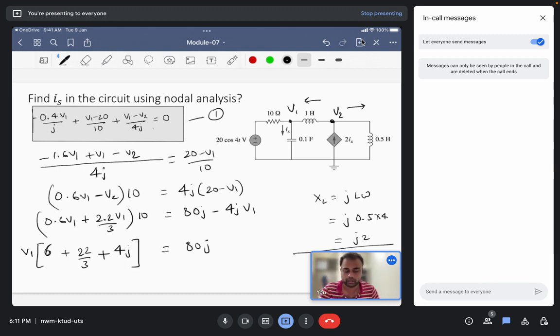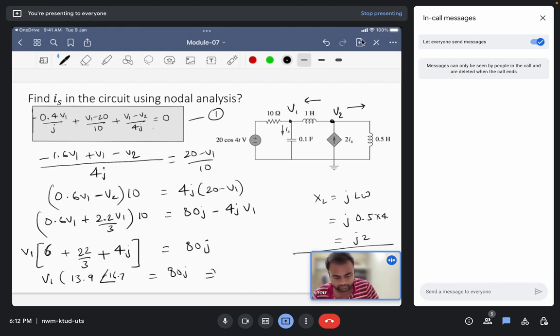So now you can use your calculator to simplify this relation. So let us first of all take the sum on the LHS side. So 6 plus 22 divided by 3 plus 4J. So this is V1 times 13.9 angle 16.7 is equal to 80J.